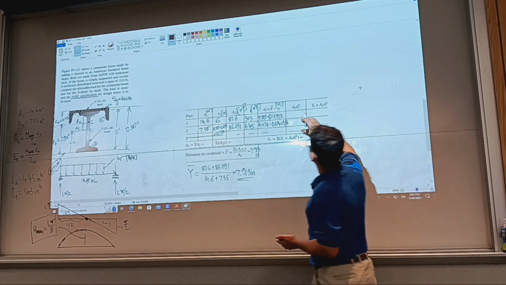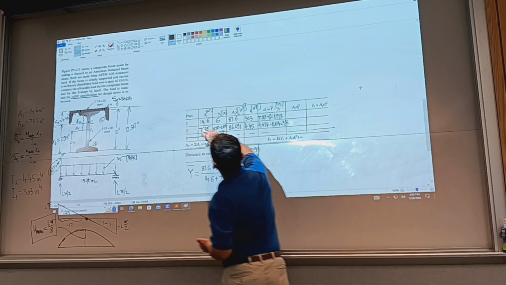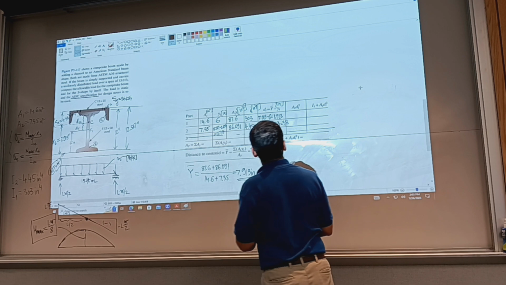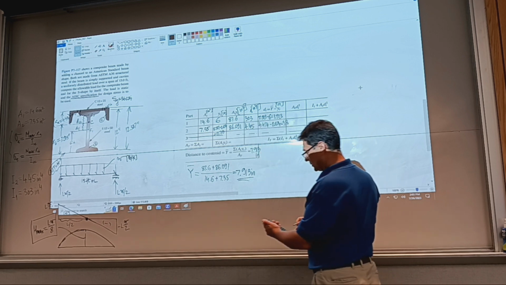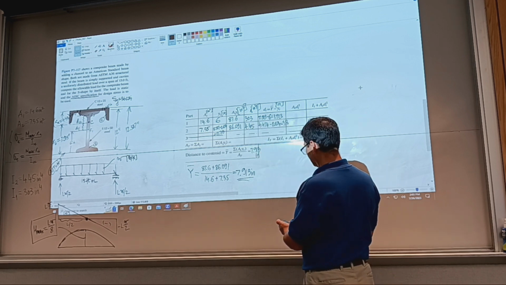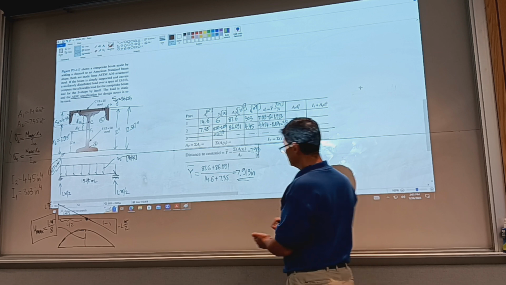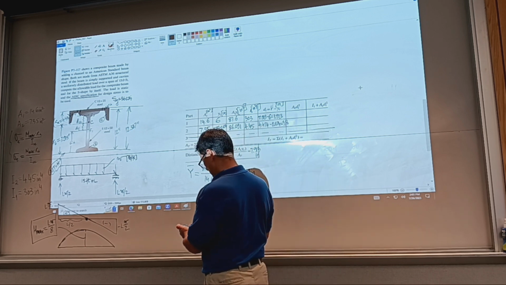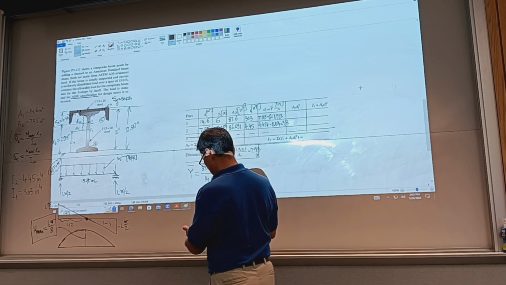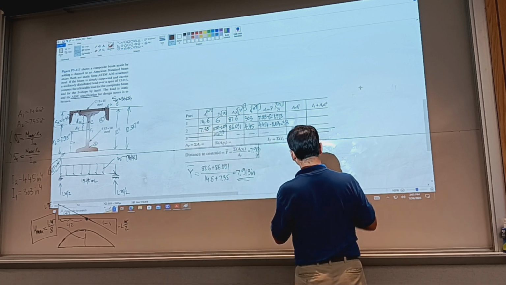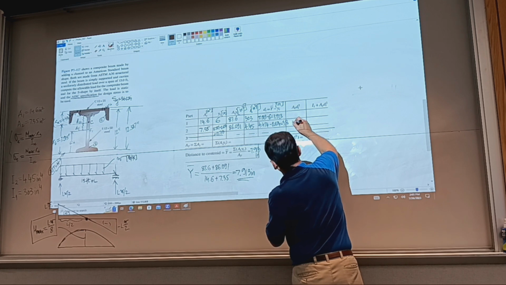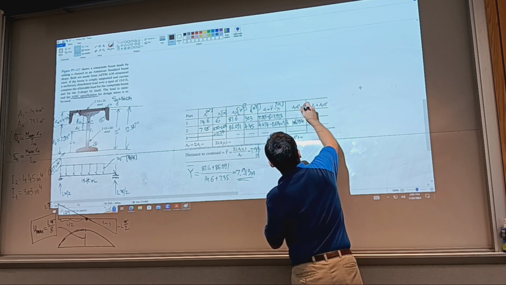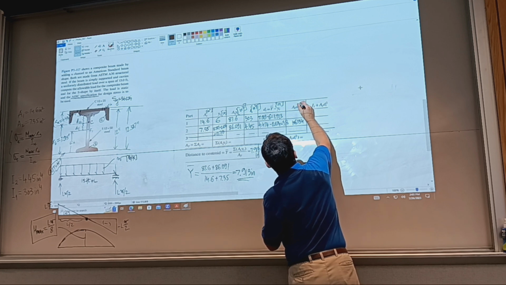And then I need to square these and multiply with area for the parallel axis theorem. So I still have this 3.8. I square it, and then times A2, times 7.35 equals 106.134. These are inches to the power 4.